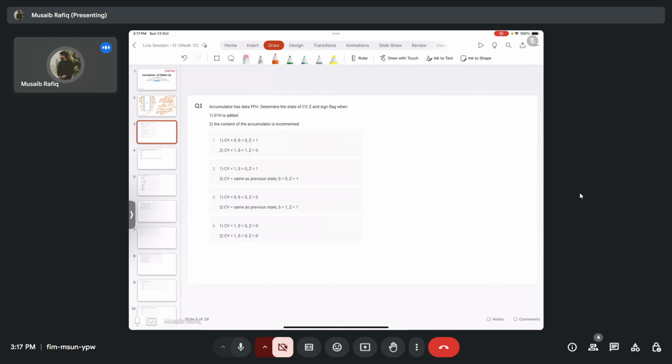So let me just read the question first. It asks us, accumulator has data FF. Determine the state of carry flag, zero flag, and sign flag when 01 hex is added and when the content of accumulator is incremented. So two cases are given: when 1 is added to FF and when the contents of accumulator are incremented.